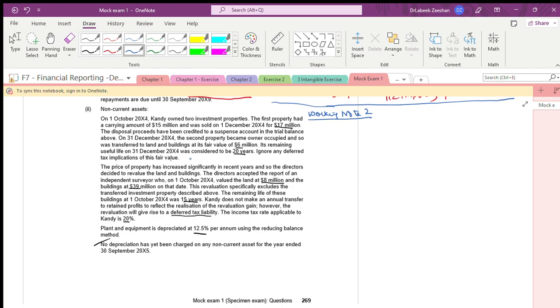The first property had a carrying amount of 15 million and was sold on 1st December 2004 for 17 million.